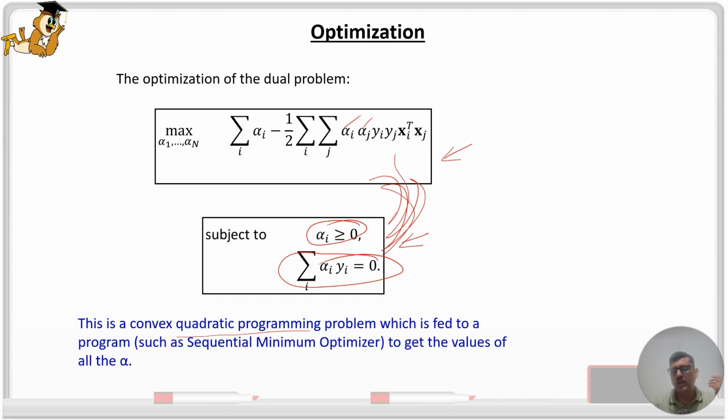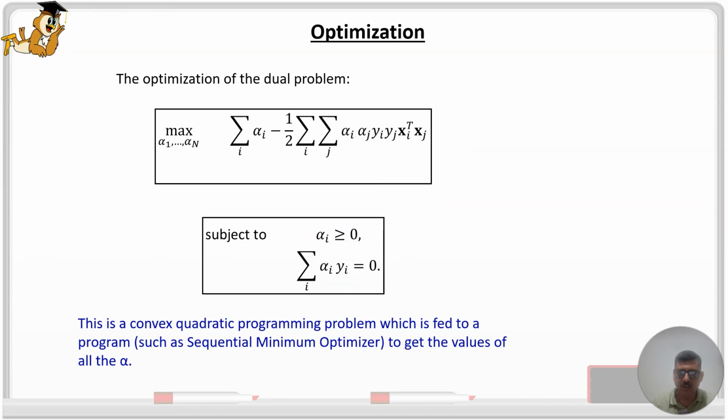You already know that your W can be represented in terms of alpha, y and x. Your B can be represented in terms of y and alphas. So now the problem is to find the best alphas, okay, solve this quadratic programming problem and then get the W's and the B, right? So like I said, this is a convex quadratic programming problem which is fed to a program.